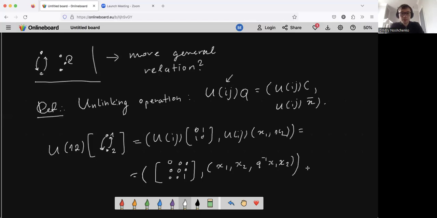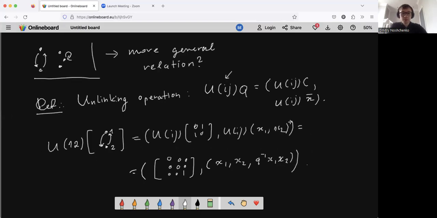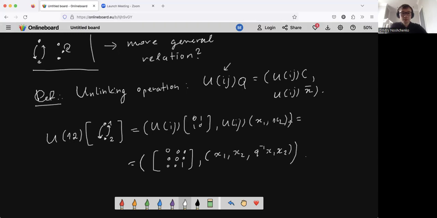And the generalization for an arbitrary quiver matrix would be as follows. This is a very direct generalization.